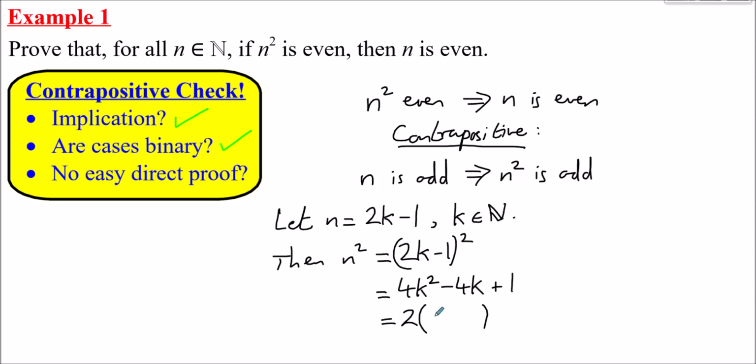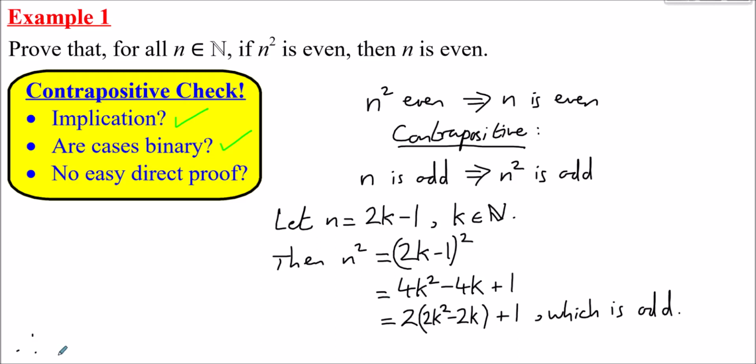So I can say it's 2 lots of (2k squared minus 2k) plus 1. So this is a multiple of 2 plus 1, which is odd.